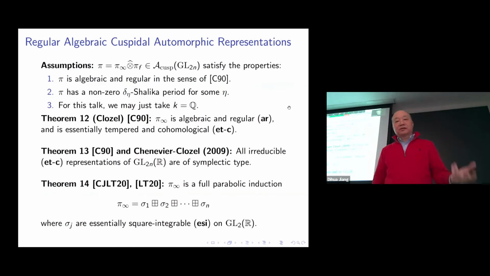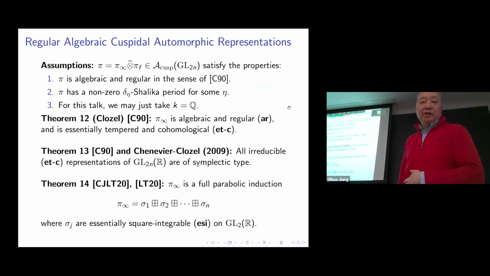Now here is the assumption. You assume this pi is algebraic and regular in the sense of Clozel, and has a Shalika period. For this talk, we can just simply take K equal to Q. It works for general algebraic numbers.